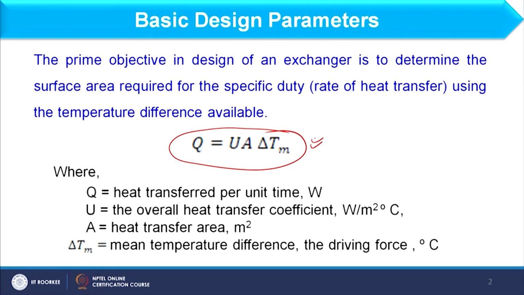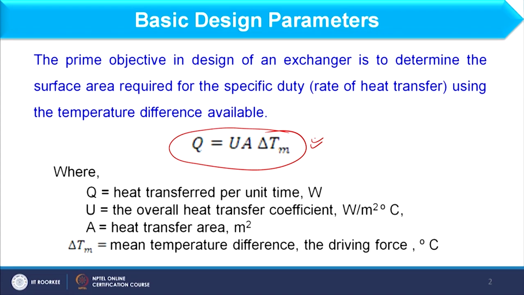Now, what would be the basic parameters then? Okay. Basic parameters will be when I consider Q is equal to mCp dt. Now, in this equation, am I able to play with any of the parameters? Like, can I change M? Can I change Cp? Can I change temperature difference?